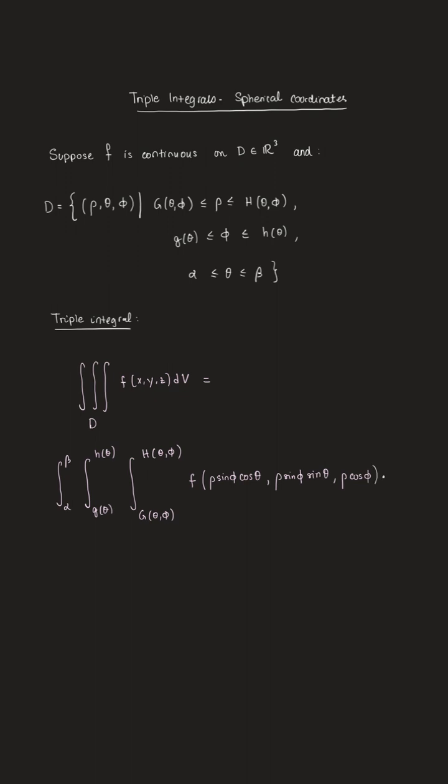And our volume element, I'm going to write it here, dV, because I can't fit it in, where dV, this is very important, is going to be rho squared sine phi times d rho d phi d theta. So there is our volume element that we cannot forget when we integrate with spherical coordinates.